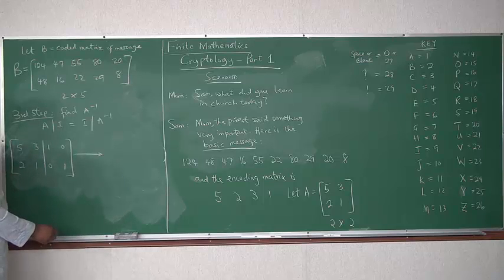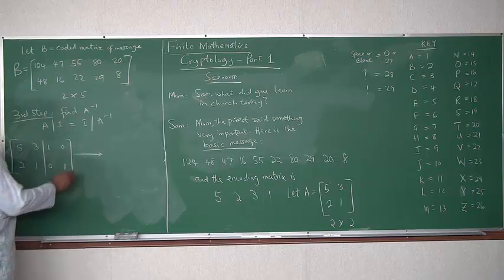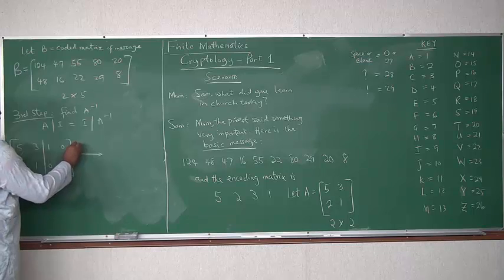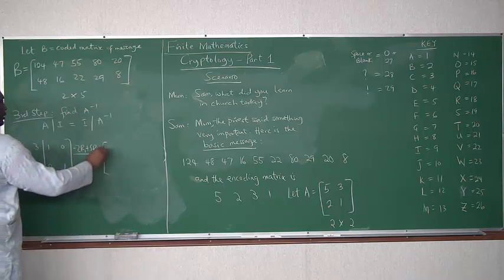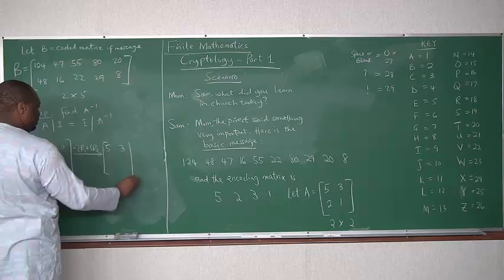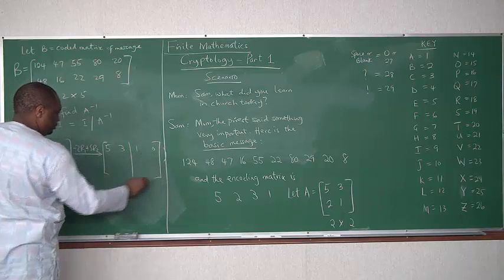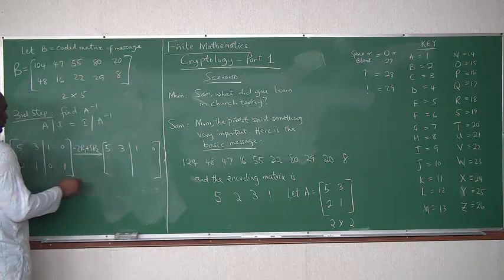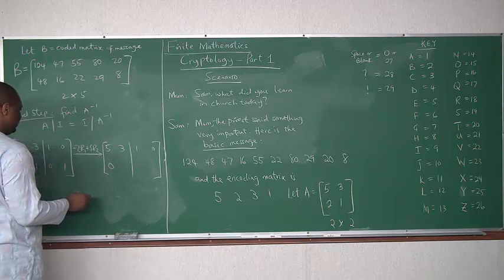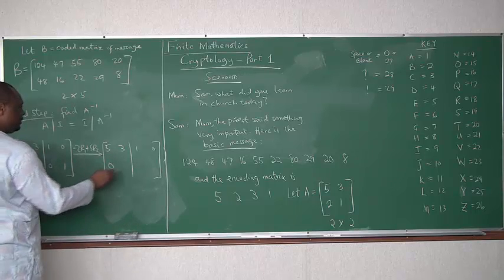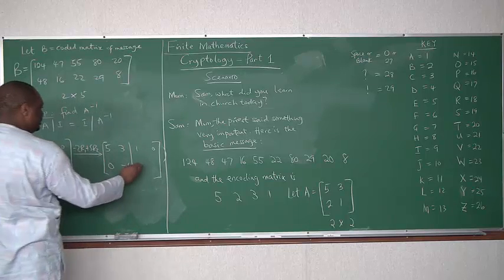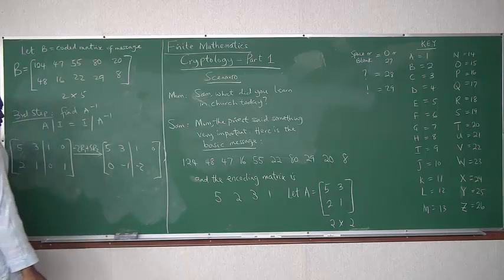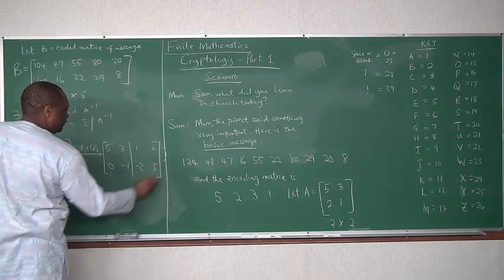This will be 5 R2 minus 3 R1. If we have that, this will be 5, 2, 1, 0. And this is minus 10 plus 10 is 0, minus 6 plus 5 is minus 1. Minus 2 plus 0 is minus 2. And 0 plus 5 times 1, 5.